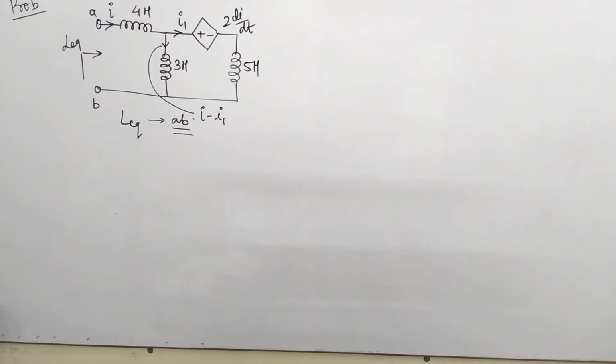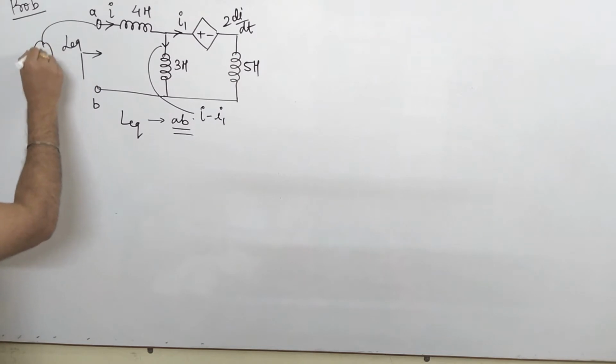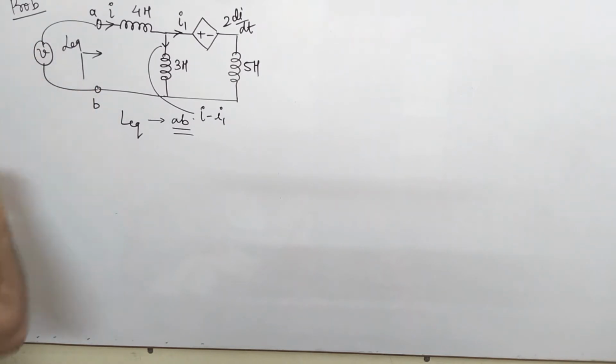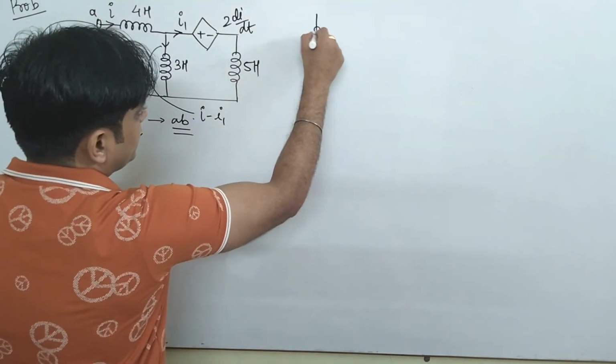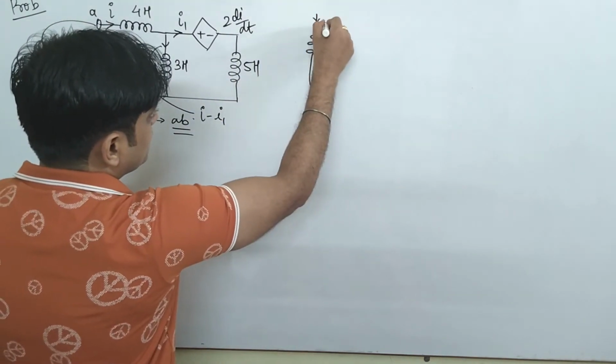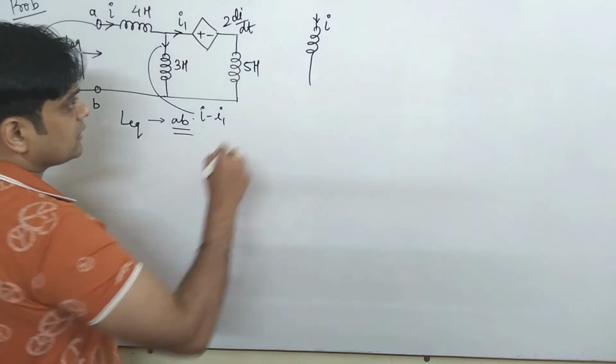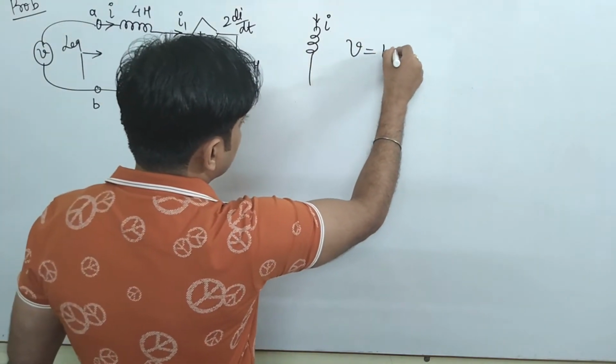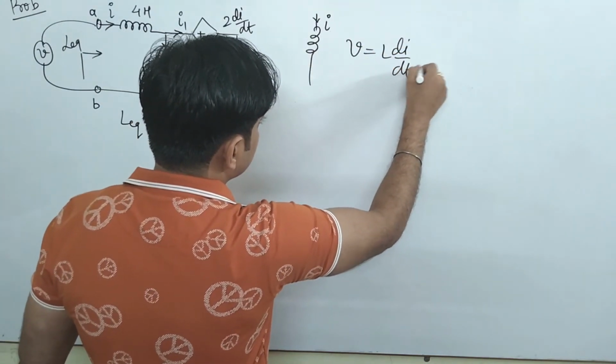Now let there be a voltage V. In case of an inductor, I already told you, if this is I, then V is equal to L di by dt.